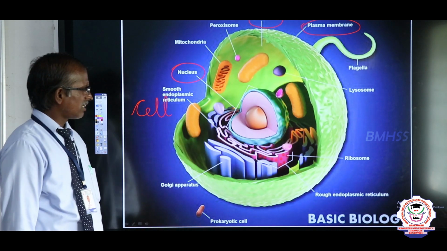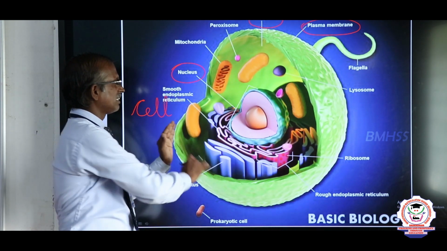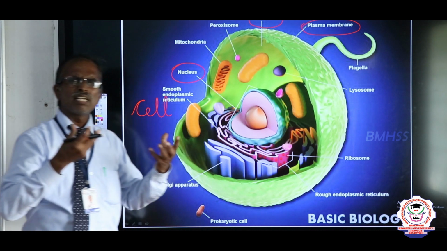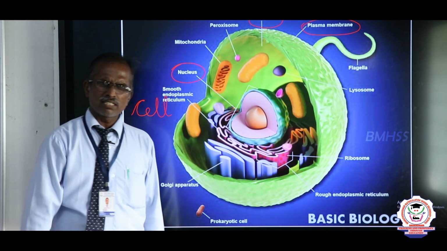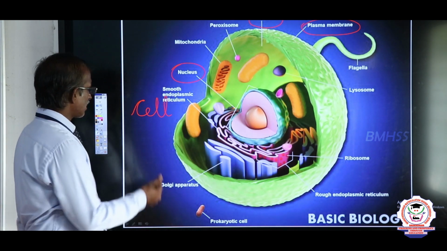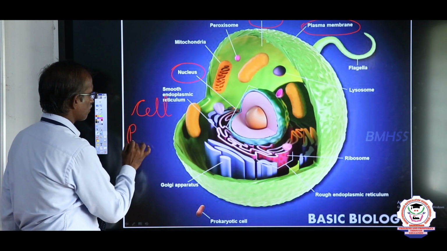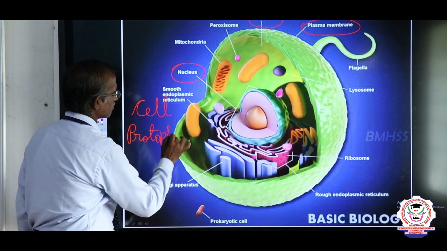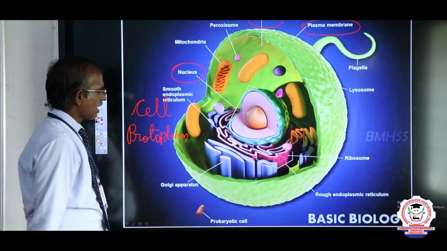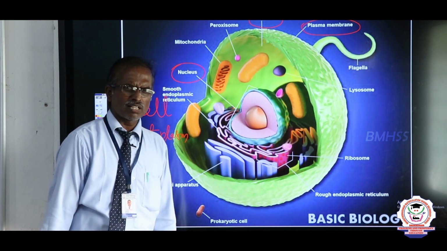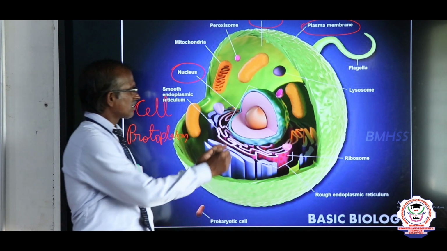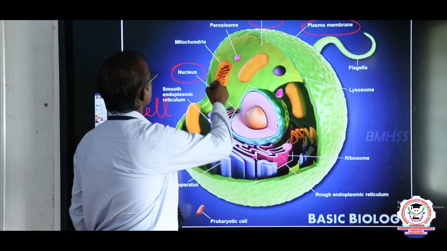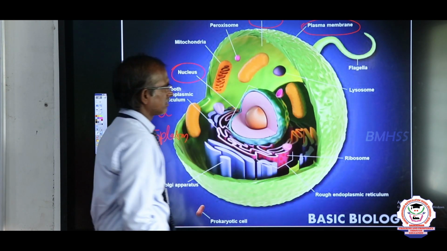Now, we take the cell. It entirely consists of living matter, and that living matter is called protoplasm. The outer covering is called the cell membrane.